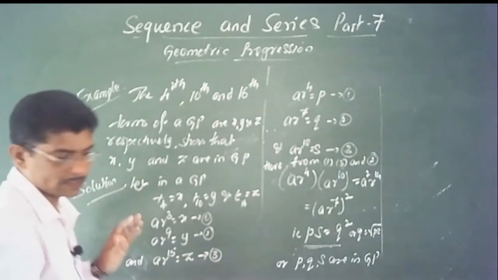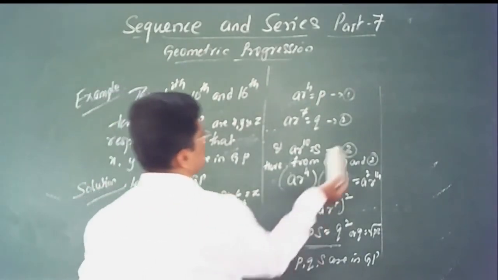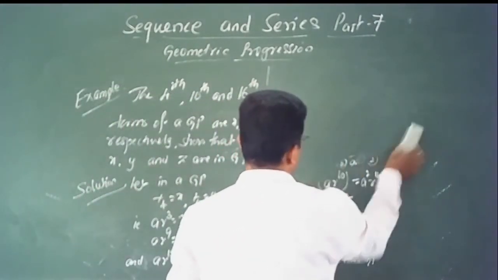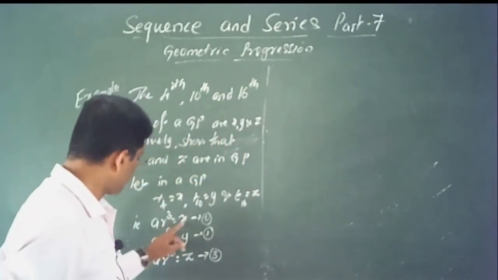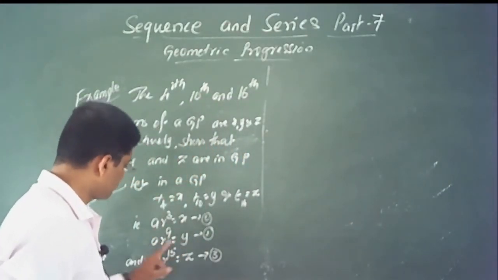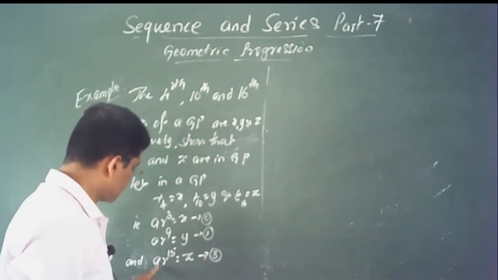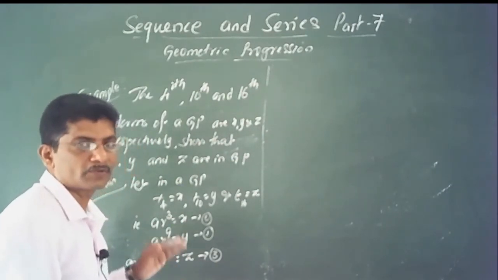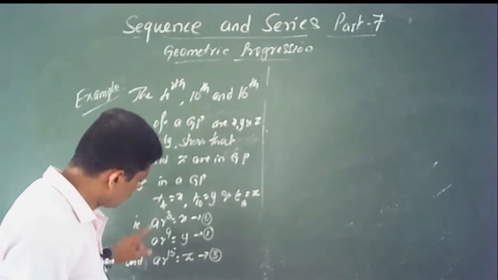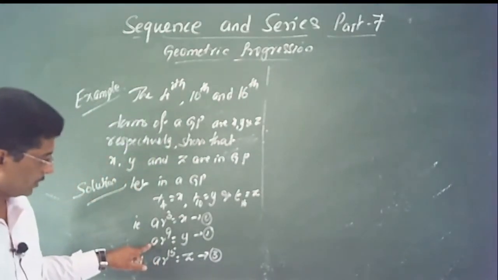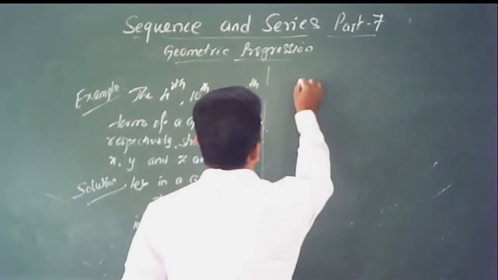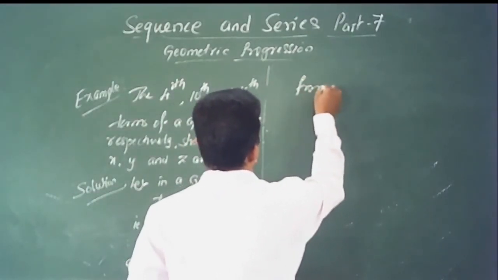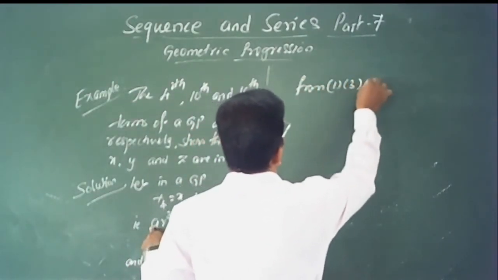Identify the relations between x, y, z using the given results. x means A into r cube, y means A into r raised to 9, z means A into r raised to 15. Already you know that, multiplying these two, it is exactly equal to A into r raised to 9 whole square. Here we are using the results 1 and 3.